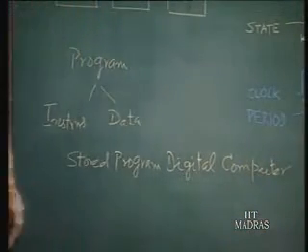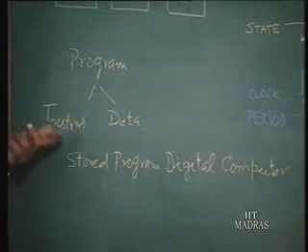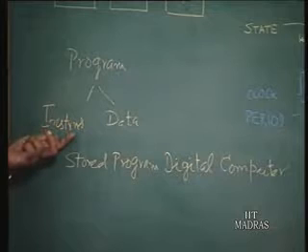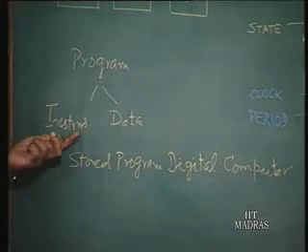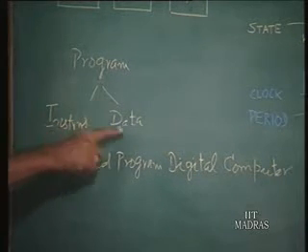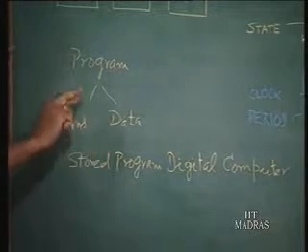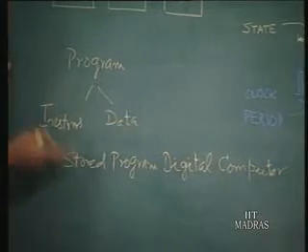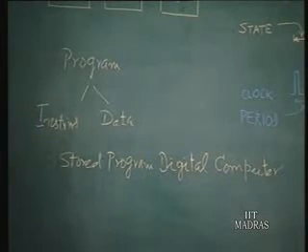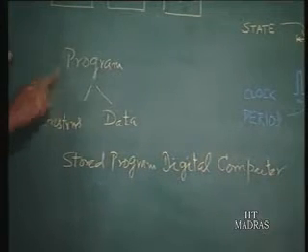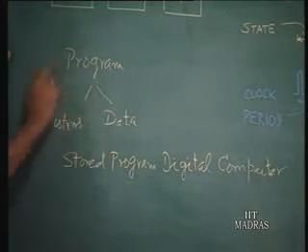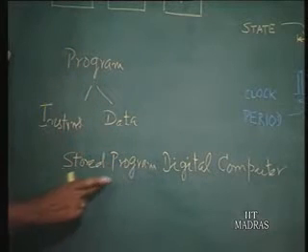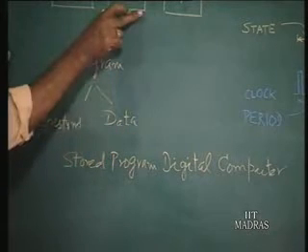In this, essentially we have identified that instructions are the ones which tell what operations are to be carried out, and the data tells on what operands the operations must be carried out. These are the two parts. This whole thing, instruction and data, forms the program, and that program is stored in the memory.